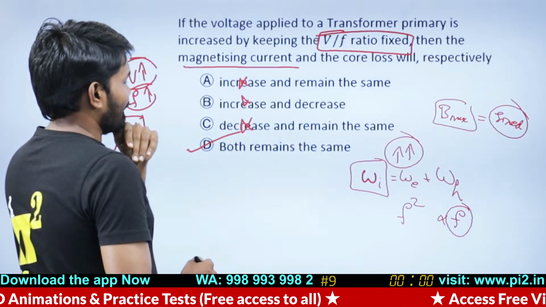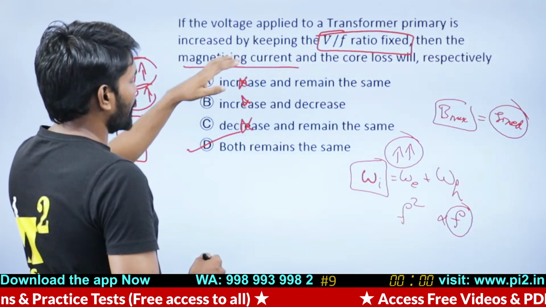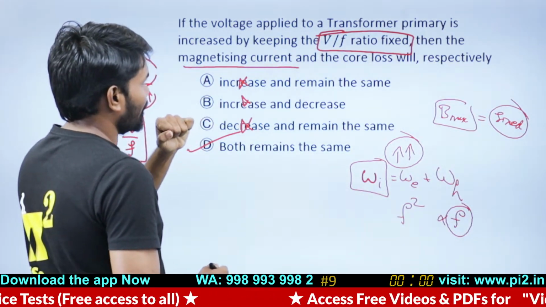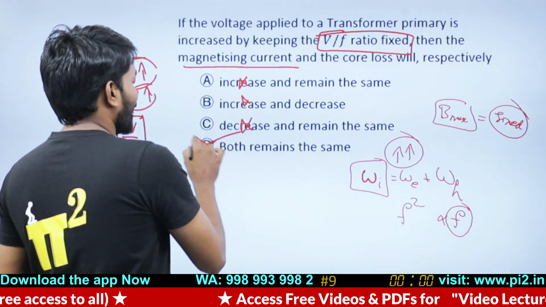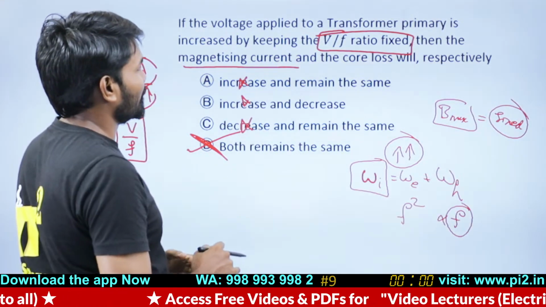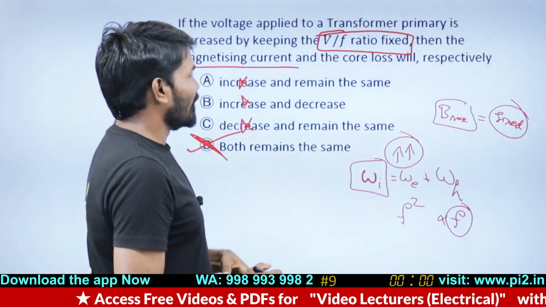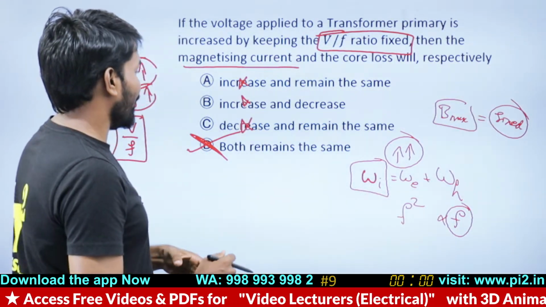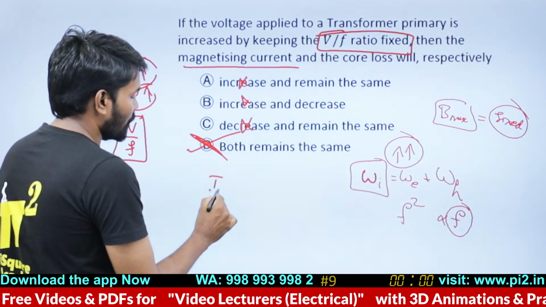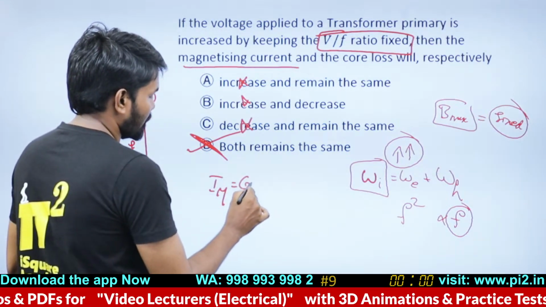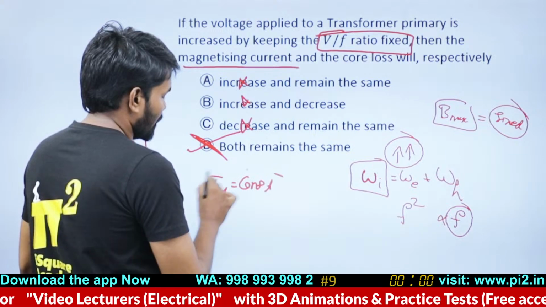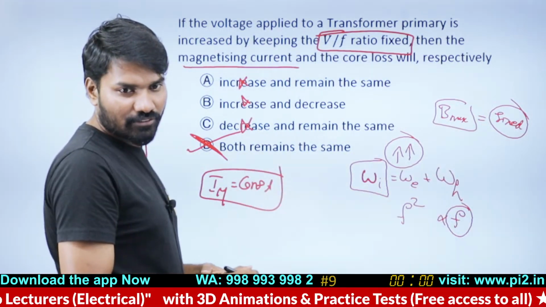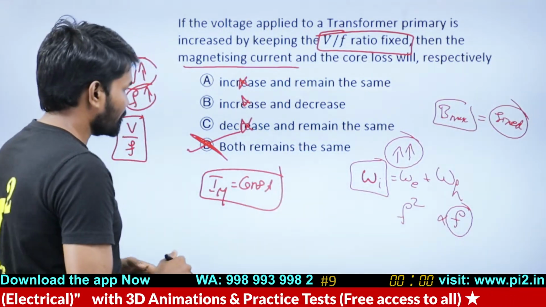So both remain the same, though by elimination I marked this one, is also a wrong answer. Options should have been I mu is constant. This is, I think, one of the previous year questions in some exam, I think ISRO or something.